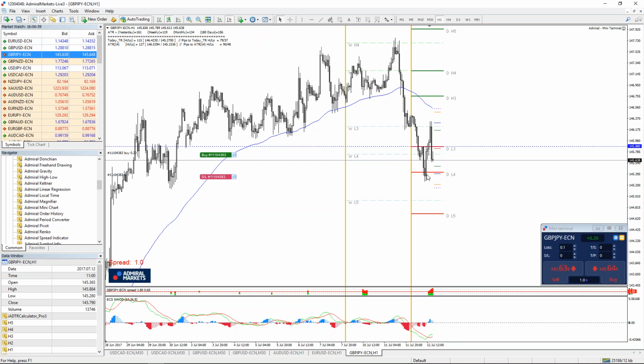If it breaks these levels, especially daily L4, my stop loss will be hit. It's 145.42. So I'm still thinking that this could reject the price again. So I'm risking only my profits, guys.